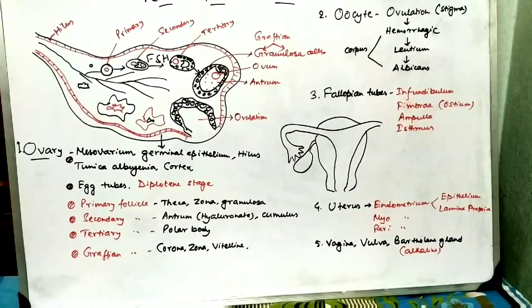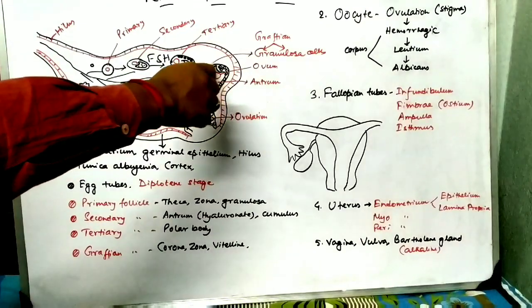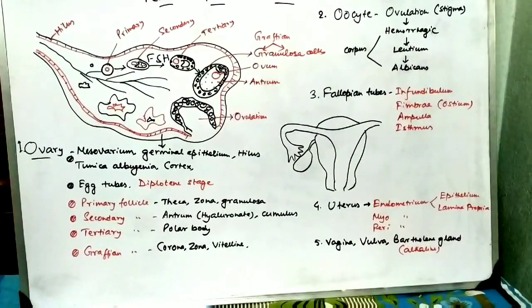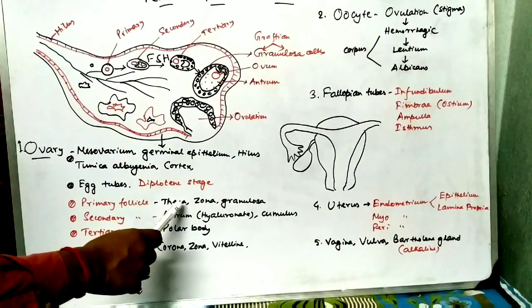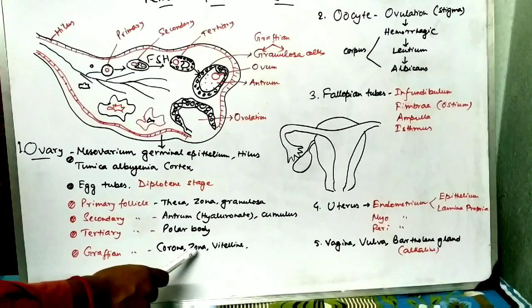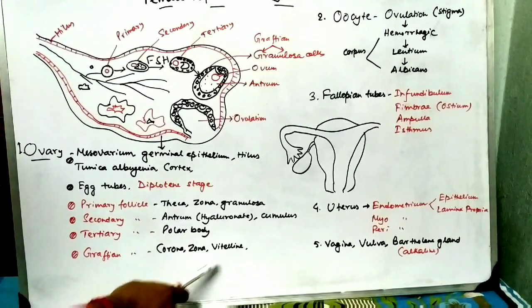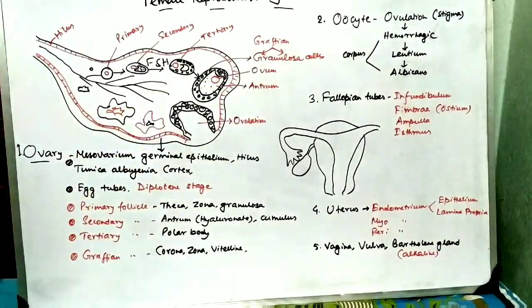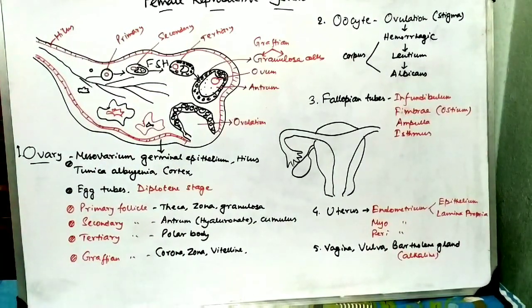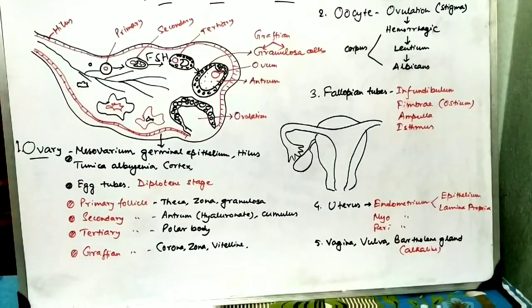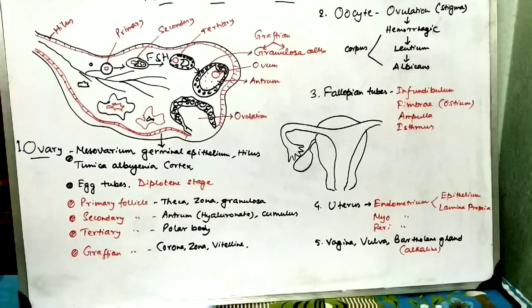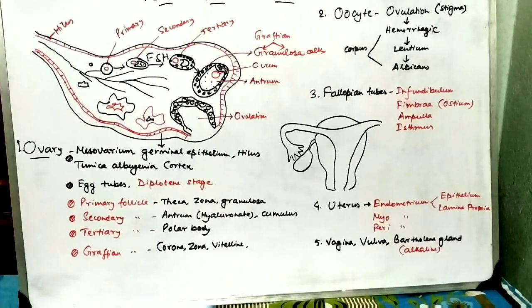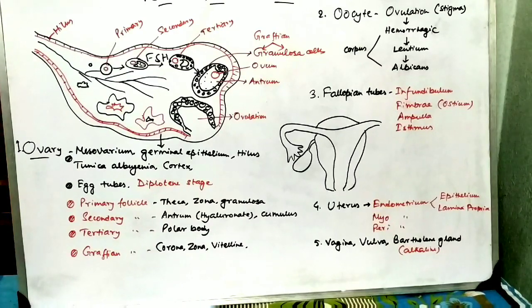So the completely mature follicle is called the graafian follicle, and the graafian follicle has theca externa, theca interna, corona radiata, zona pellucida, and the vitelline membrane. The vitelline membrane is the outer membrane of the ovum, and a perivitelline space is created between the zona pellucida and the oocyte. We will talk about that later during the structure of the ovum.